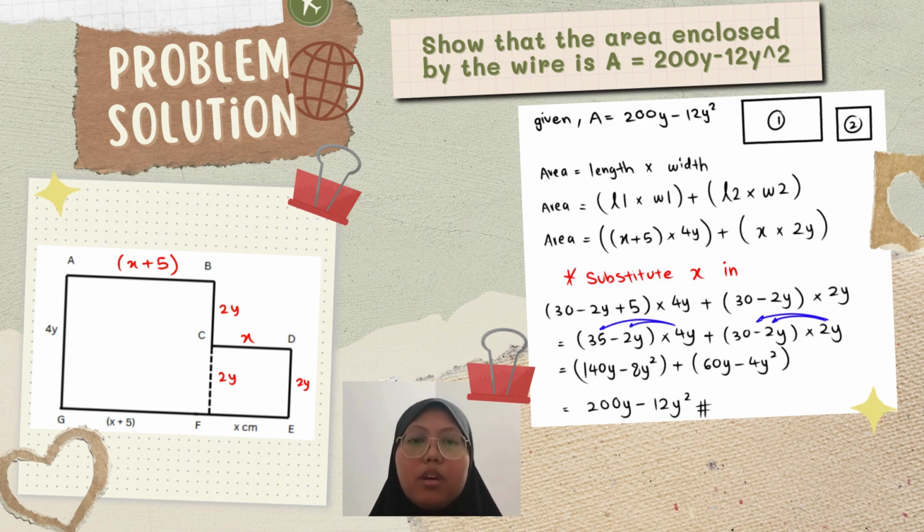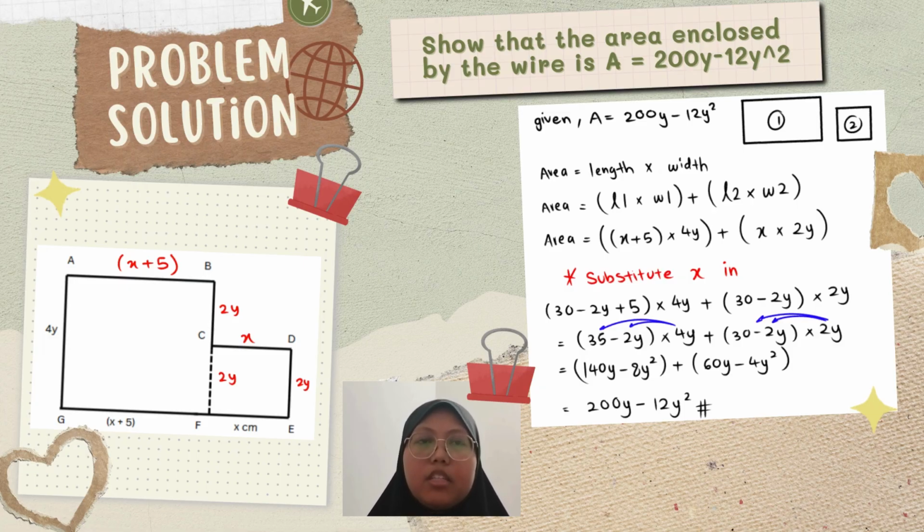From there, we substitute the value of x from the previous question into the expression. So we will get (30 minus 2y plus 5) times 4y, and then plus (30 minus 2y) times 2y.